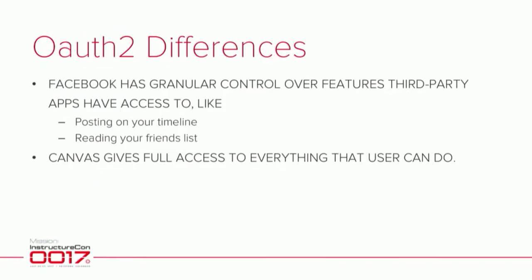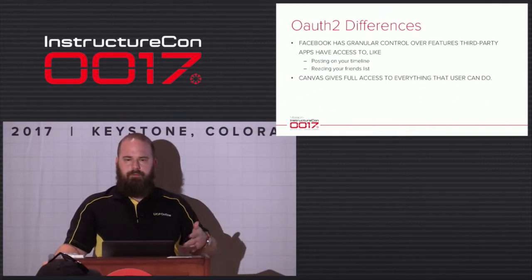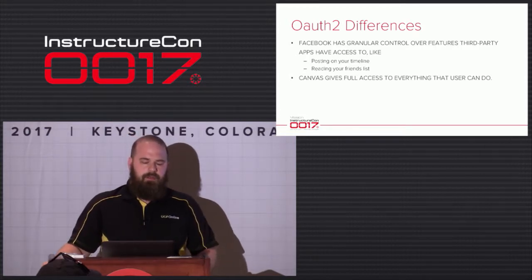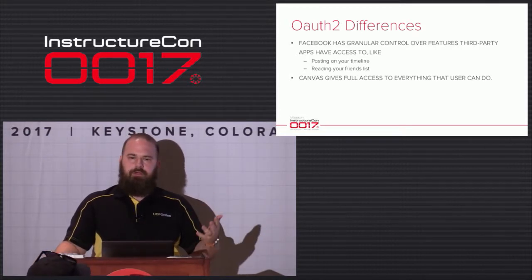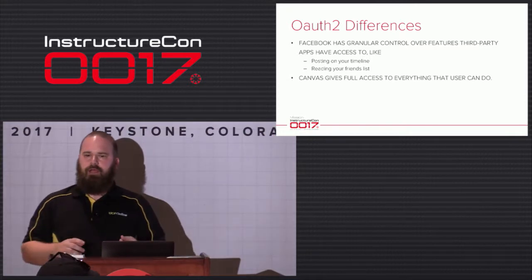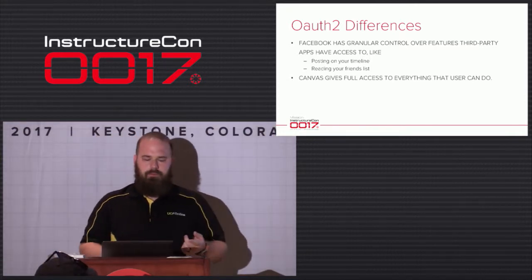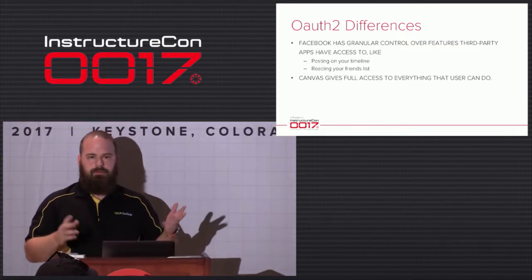So there are a few differences between how Canvas implements OAuth2 and how, for example, Facebook implements it. When you go to a website and they say, sign in with Facebook, you click on it. Yeah, sure, I want to sign in. I want to create another account on this website. So you click on that, and it gives you a little screen that says, this app is allowed to post on your timeline, or read your friends list, or whatever.